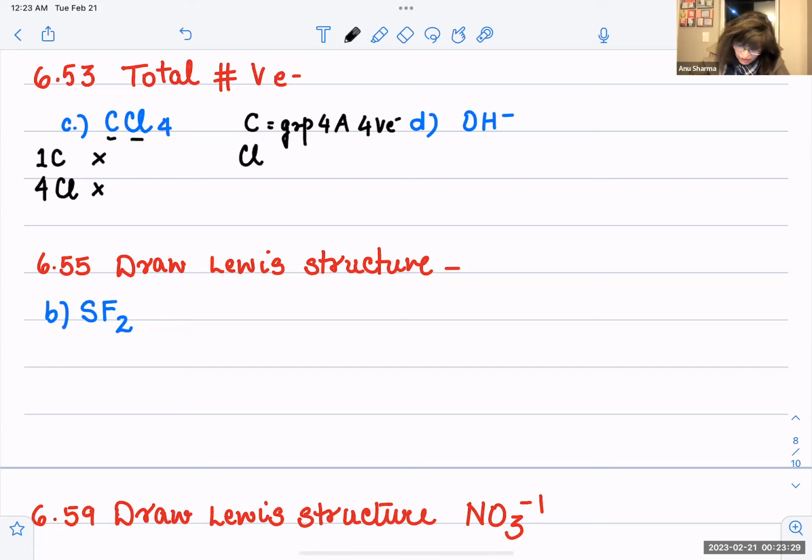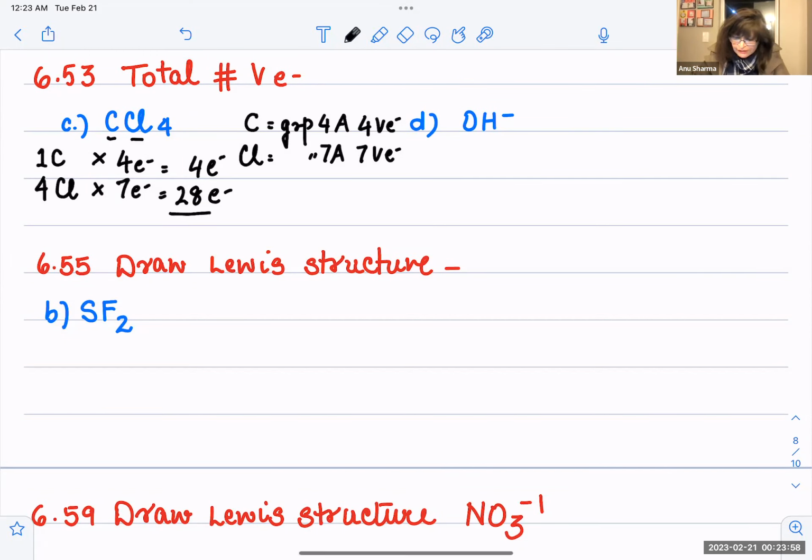Chlorine belongs to group 7A, which means there are seven valence electrons. But there are four chlorines, so 7 times 4 is 28 electrons from chlorine, and 4 electrons from carbon, 4 times 1. So this becomes 32. A total of 32 valence electrons are present in carbon tetrachloride.